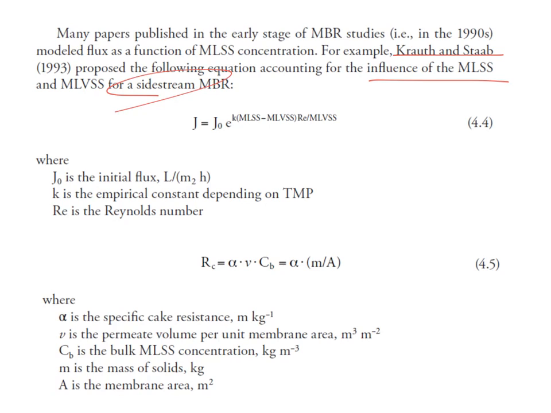Anyway, if you look at this equation, the flux is expressed as a function of Reynolds number, MLSS and MLVSS, so if you increase MLSS, the flux decreases.